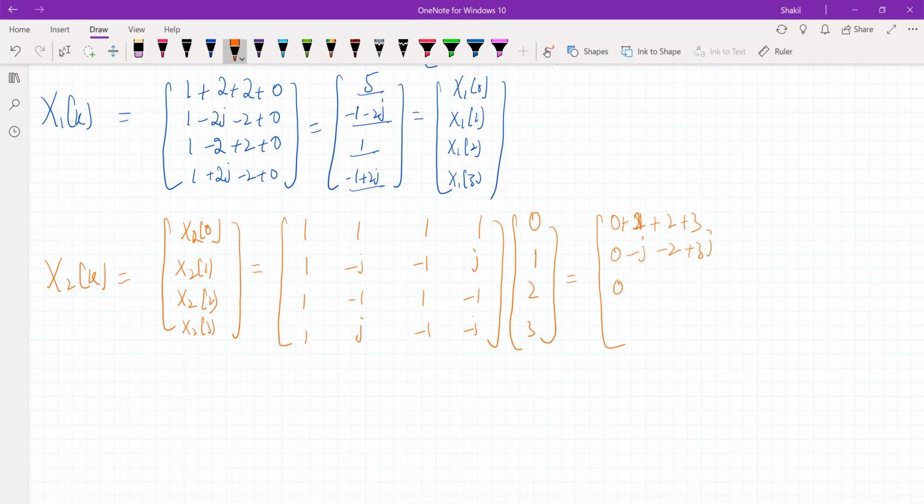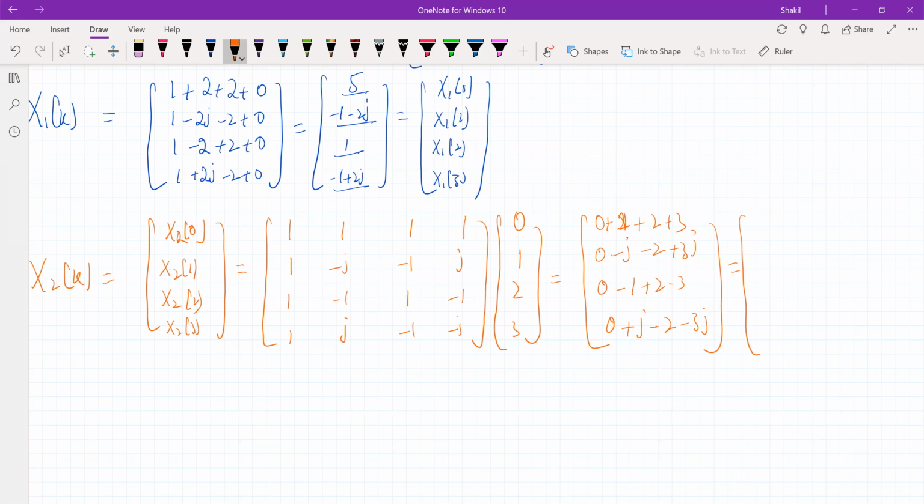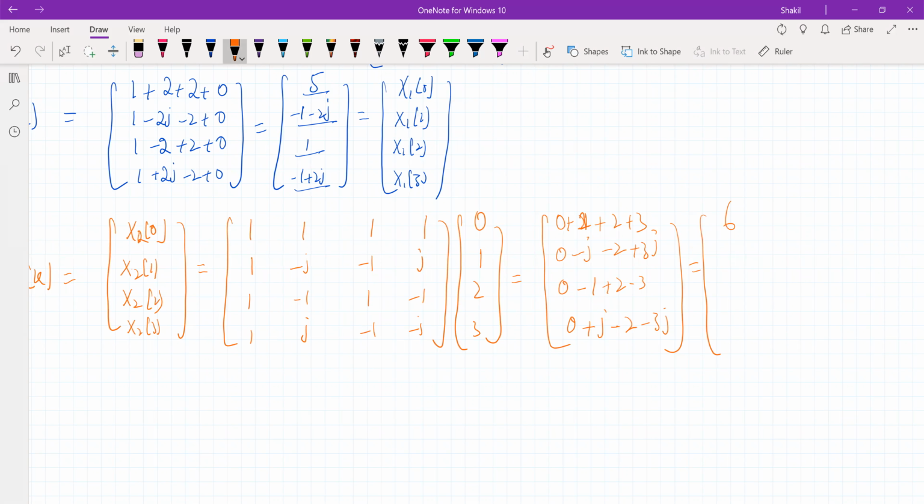You know how to do that. Minus 1 plus 2 minus 3. 0 plus j minus 2. So this is our array. And then further simplified, it will be 6, minus 2 plus 3j, minus 2, minus 2 minus 3j.